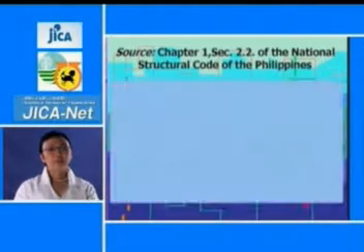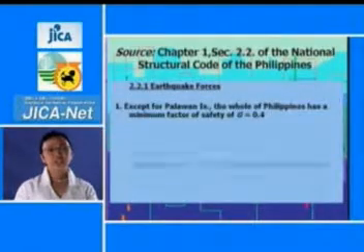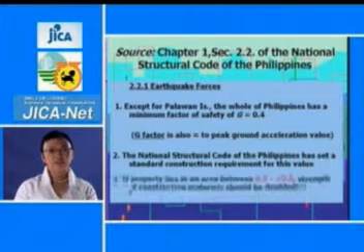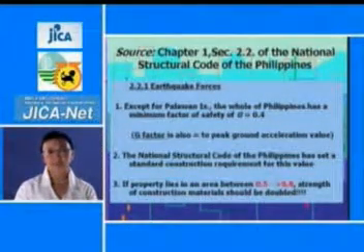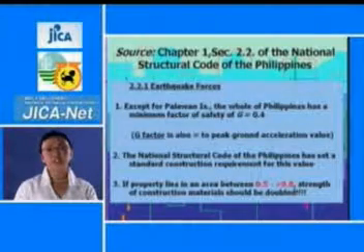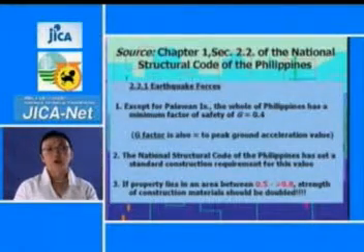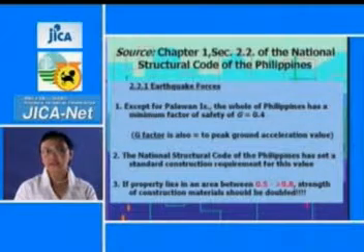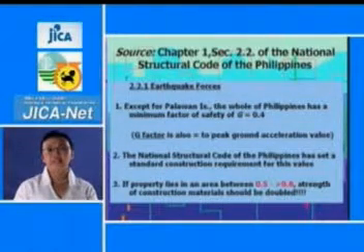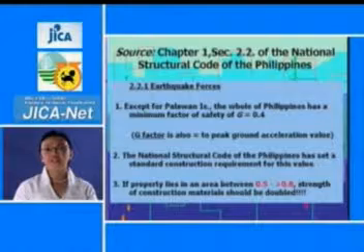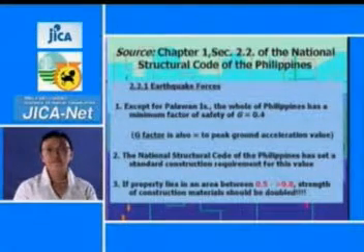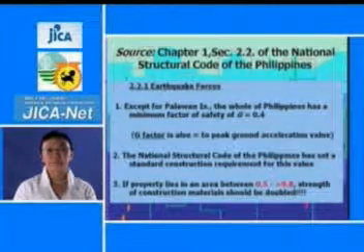Didn't you know that the civil and structural engineers take into consideration the earthquakes in designing the strength of our building materials? Based on the National Structural Code of the Philippines, all infrastructure in the Philippines except in Palawan should have a minimum ground acceleration factor equal to 0.4 G. The G factor is a number derived from a formula that calculates the ground acceleration in an area.